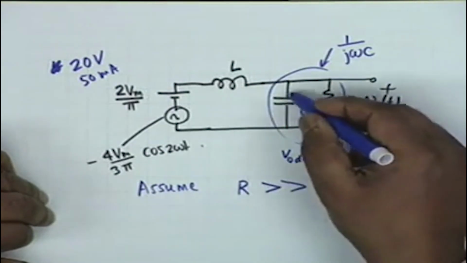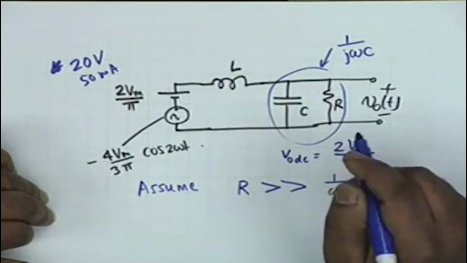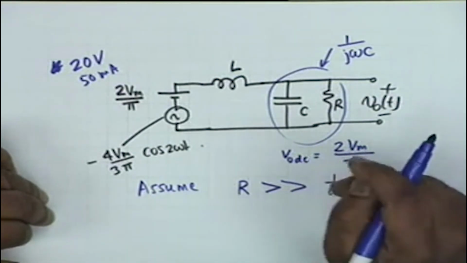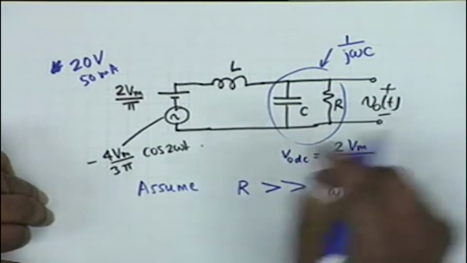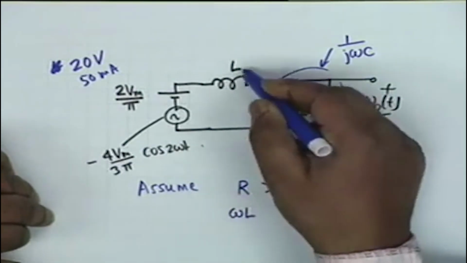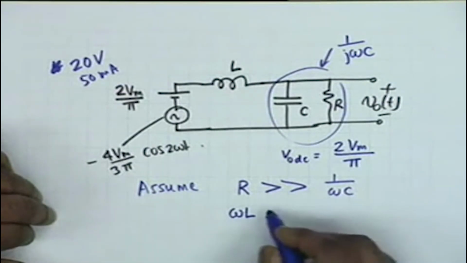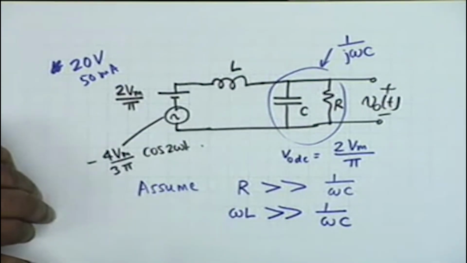Then your capacitor must be so chosen that its impedance 1 by omega C is at the most 40 ohms, not more than that, 40 ohms at 50 hertz. Then also assume that omega L, that is the impedance of the inductor at the given frequency, the power frequency, is much greater than 1 by omega C. This is also to be satisfied in practice.